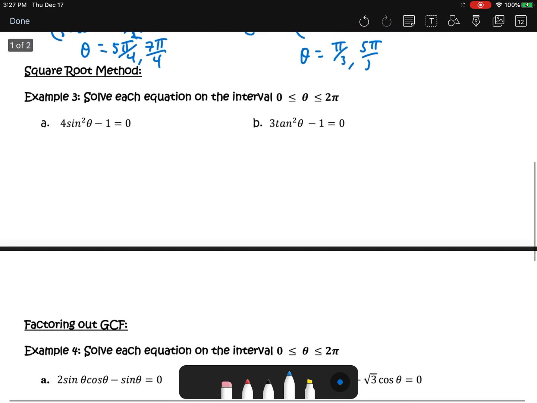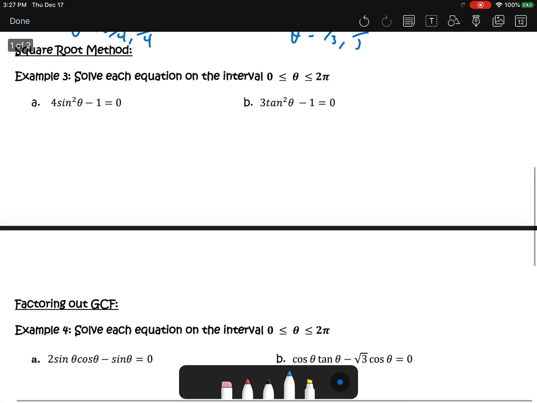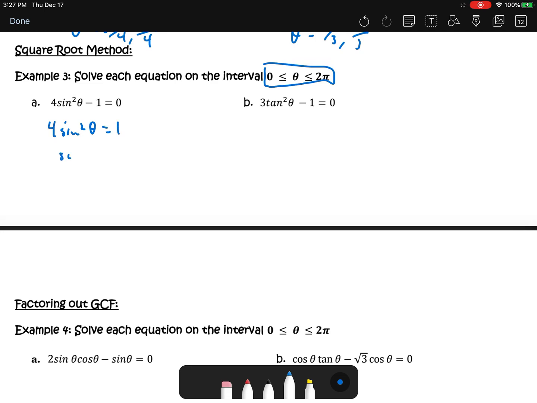Okie doke. Now the square root method. All right, now all of these are just things we've done algebraically in the past. We've just thrown a sine and cosine in there. So the first thing we're going to do on this one is add 1. Then we're going to divide by 4. So it's 1/4. Then we're going to take the square root of both sides. Well, the square root of sine squared is sine.